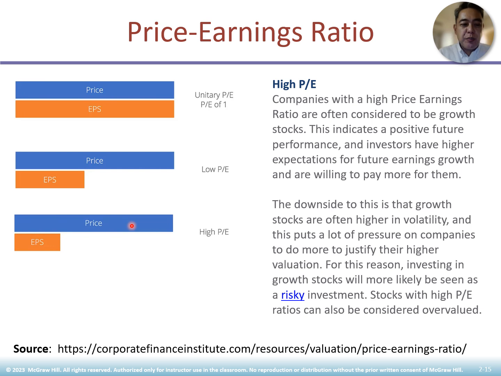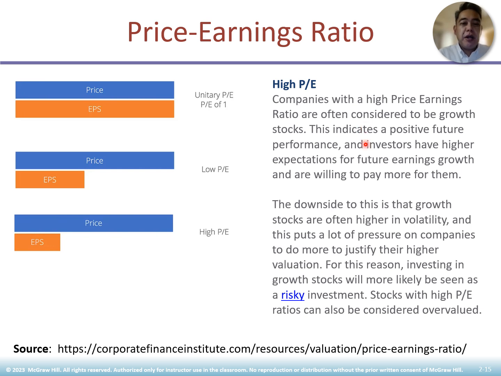But here, it's price divided by an EPS that might be 0.3. I'm just doing it by scale, right? When your numerator is divided by a fraction, because 0.3 is not a whole number, it will turn out to be a higher PE compared to the 1 over 0.4, right? So those with high PE in this scenario are considered to be growth stocks.